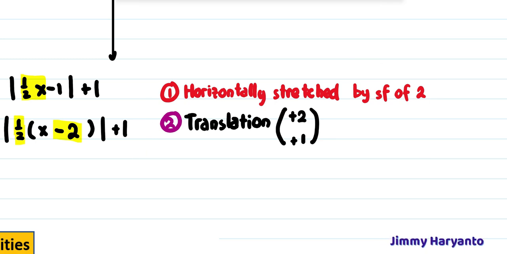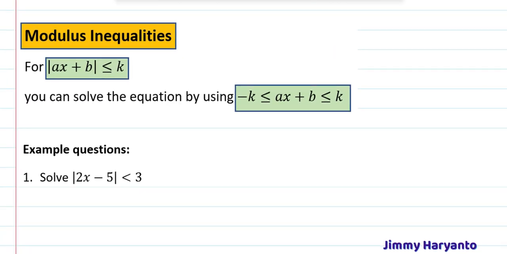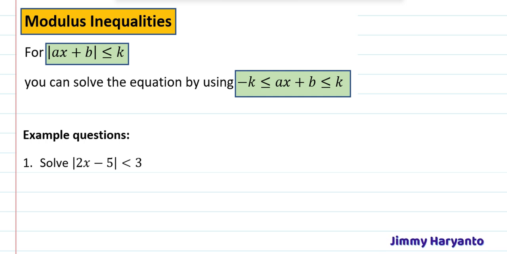Okay, we'll practice this later. Next is the last one, modulus inequalities. For modulus inequalities, you can solve this using the square method, that means you have to square both sides. That is the one that you already learned in GCSE before.